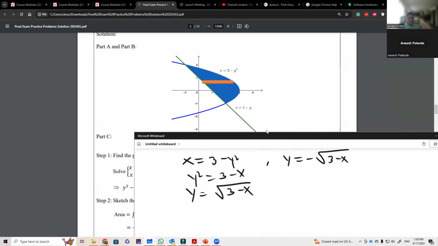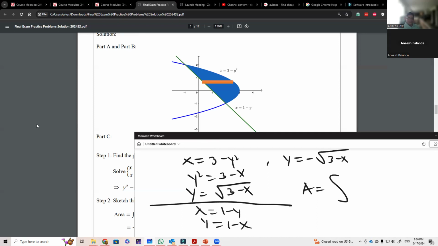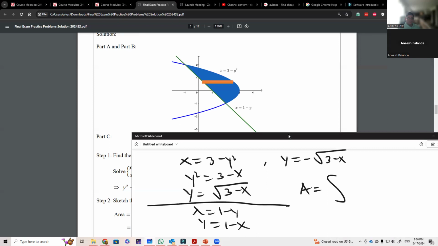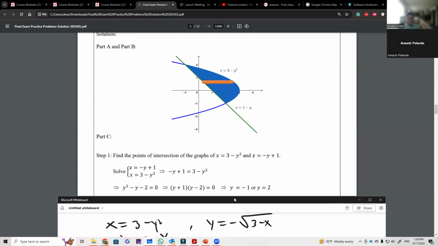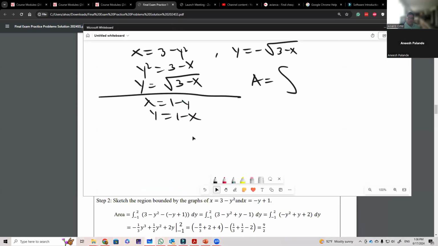So why is that relevant? Well, you'll see in a second. Now for the function x equals y minus 1, then simply y is transformed to x plus 1. So not a big deal in there. And then the area can be seen as, and this is between minus 1 and 2 before.